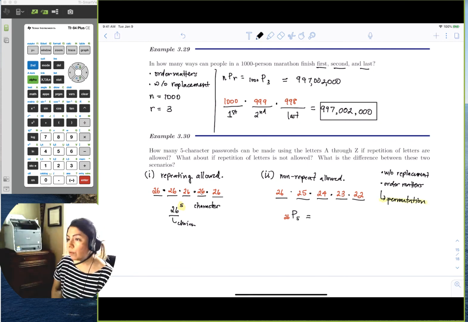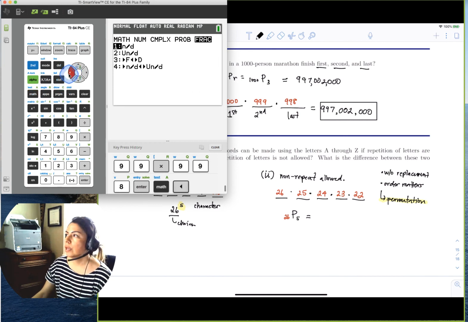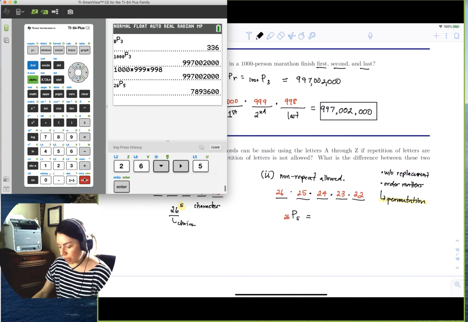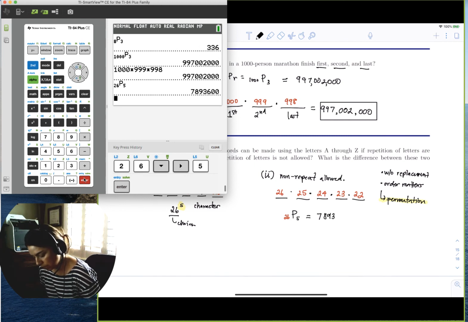Okay, and then if we wanted to, we could go ahead and put this in the calculator. I don't think it's that important, but we can do it for practice. So go to math and go to probability and go to number 2, and then let's go ahead and put 26 pick 5. And so we'll have 7,893,600.